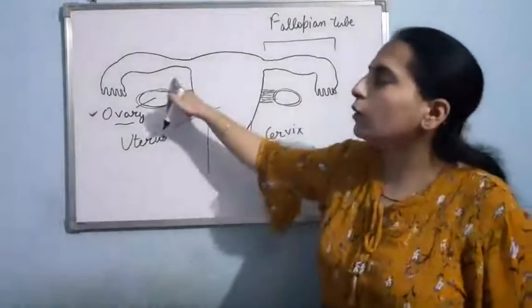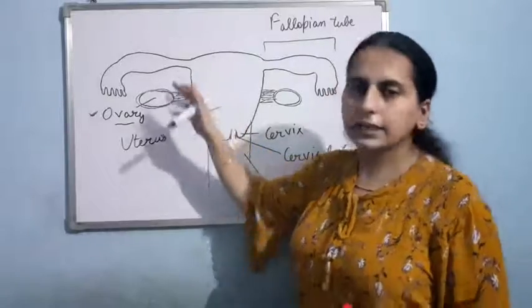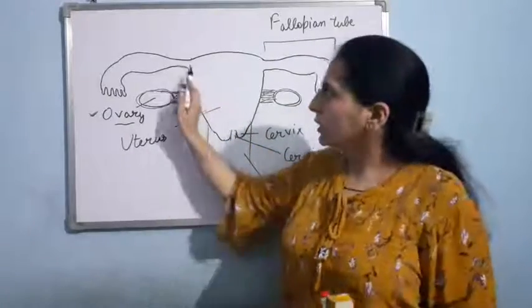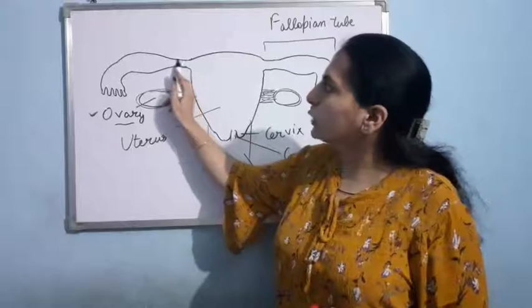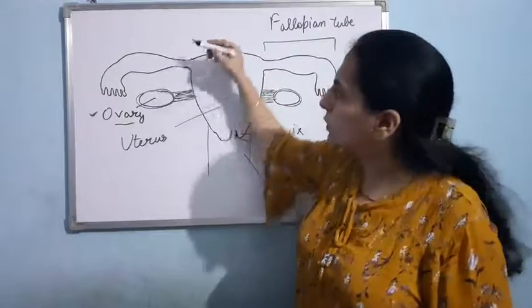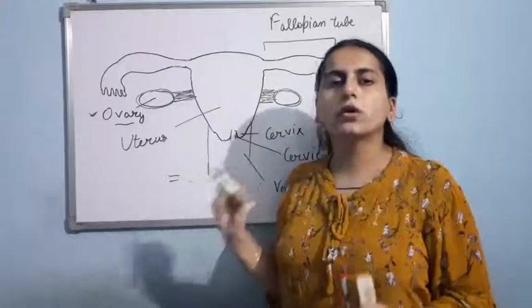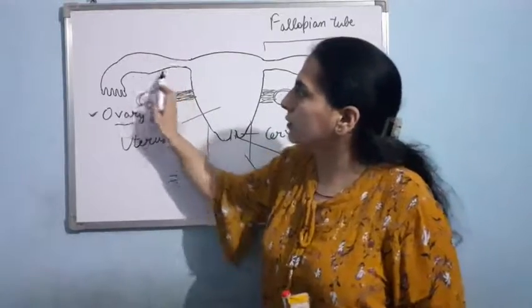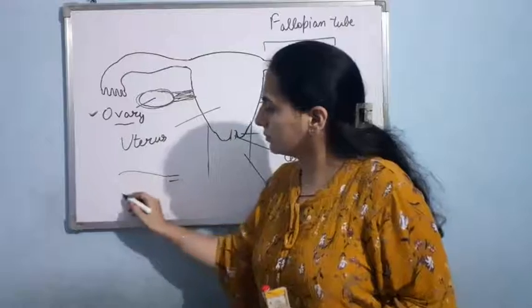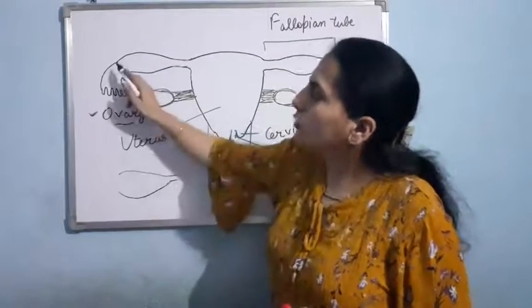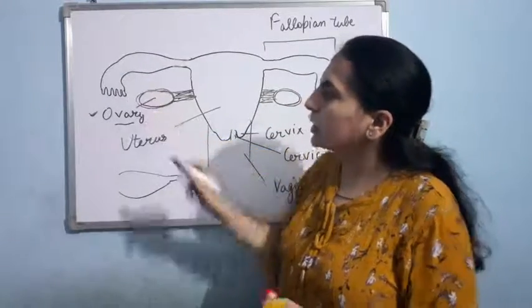If you see the fallopian tube, while making the diagram I just told you, firstly you have to draw the tube having a narrow lumen. You can see the lumen is narrow. And after that I told you just broaden the lumen like this. And then make a funnel-shaped structure.